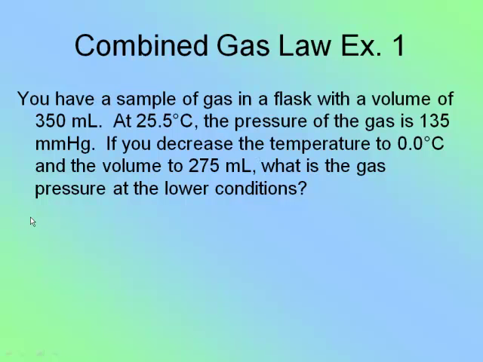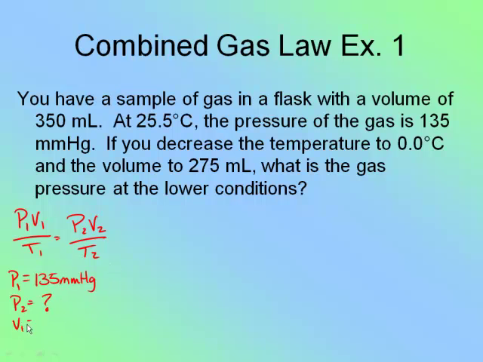So let's write our formula and plug in all of our numbers. P1 V1 over T1 equals P2 V2 over T2. My pressure when I start is 135 millimeters of mercury. I do not need to convert it into ATMs. I can use it. It asks what is the pressure, so that's what I'm going to be looking for. V1 is 350 milliliters.